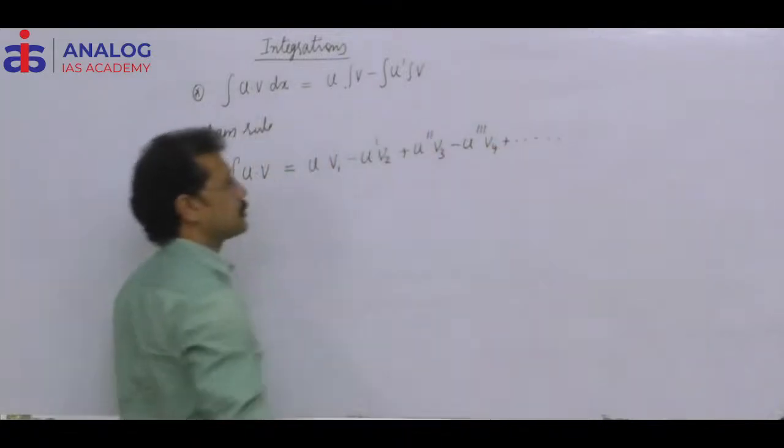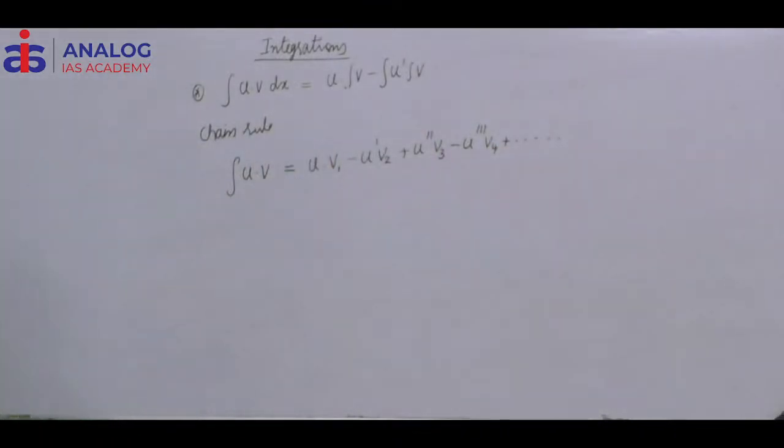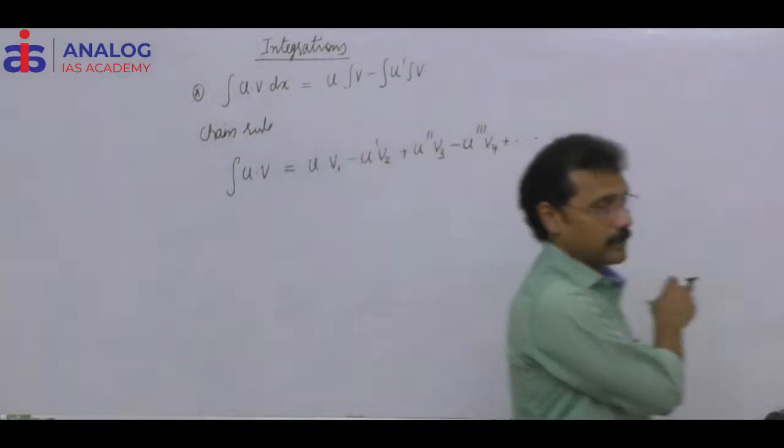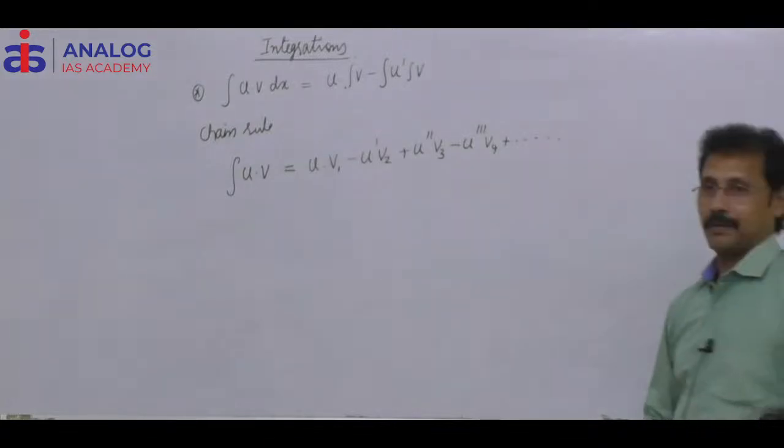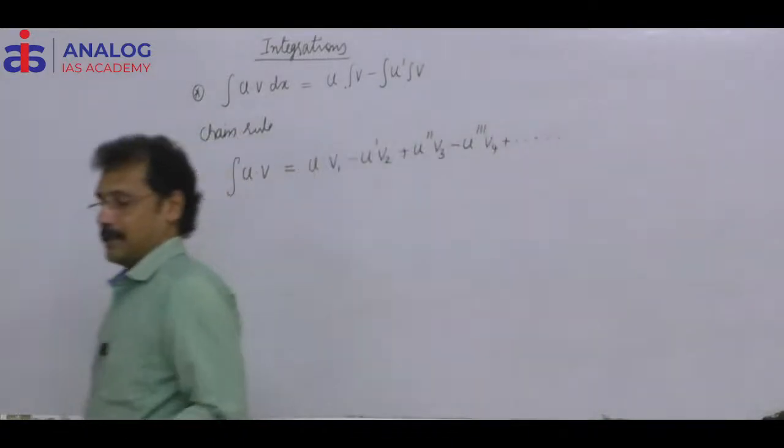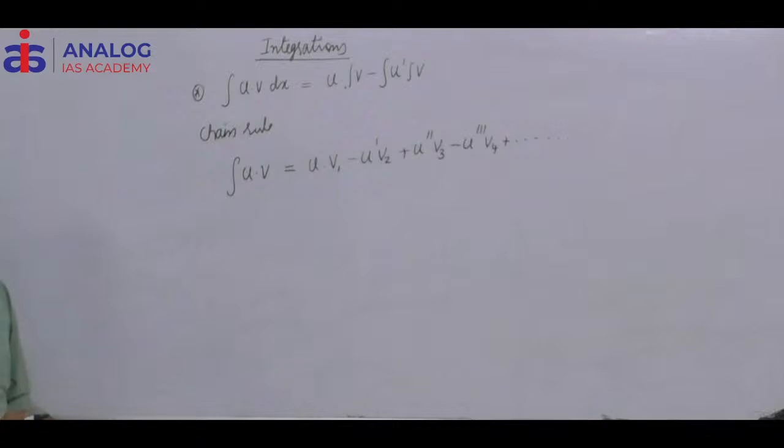It goes like this. This is the integral of UV chain rule. Important. Important. Okay? One example I will give you.